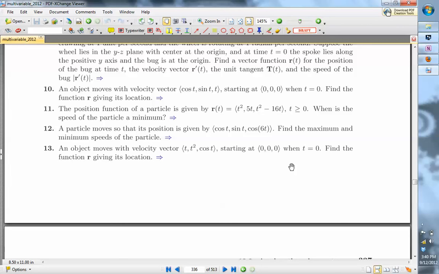You derive position to get the velocity, not the velocity equation. So I take the derivative of position to get velocity, and then I take the magnitude of that to get the speed. Now what? Now I do calculus on that. I do calc 1 on that to find the maximum and minimum of that guy.